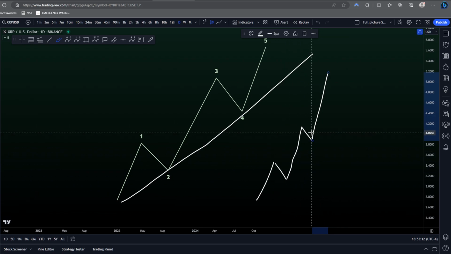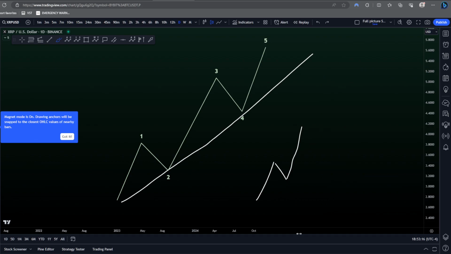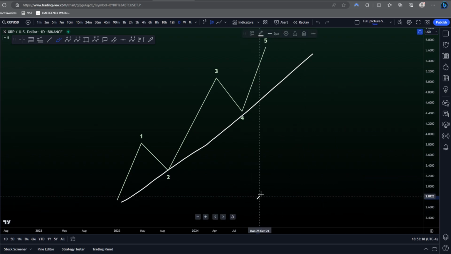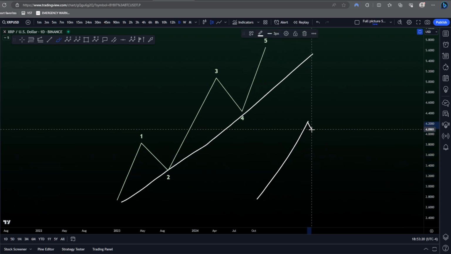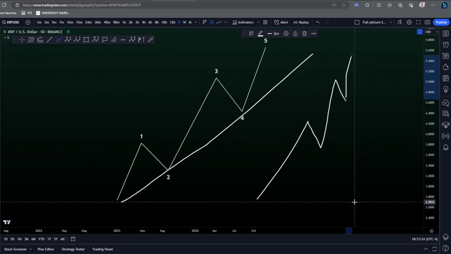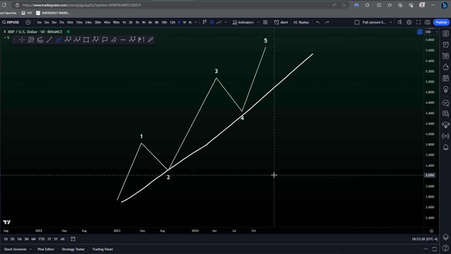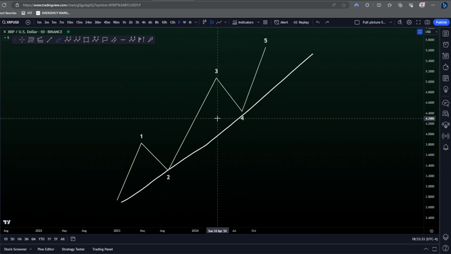That's fine because 3 is not the shortest. You would say 1's the shortest, and that's a perfect 5-wave impulse. You can have, although it's rare, 1, 2, 3, 4, 5, and that's a perfect 5-wave impulse. But the standard impulsive wave looks like this.